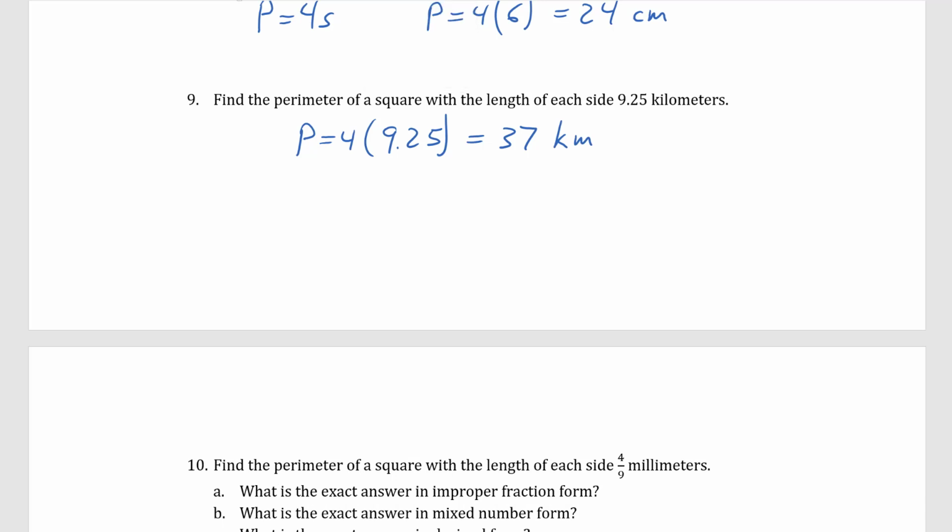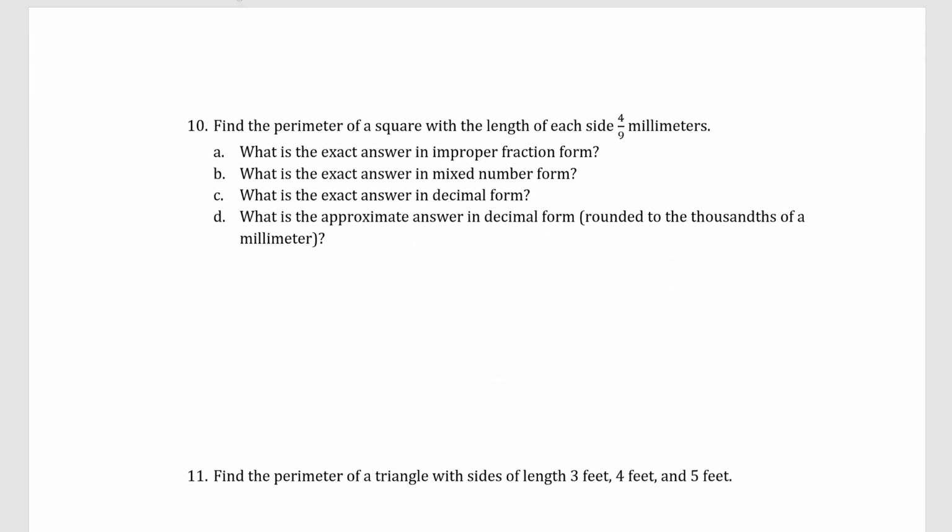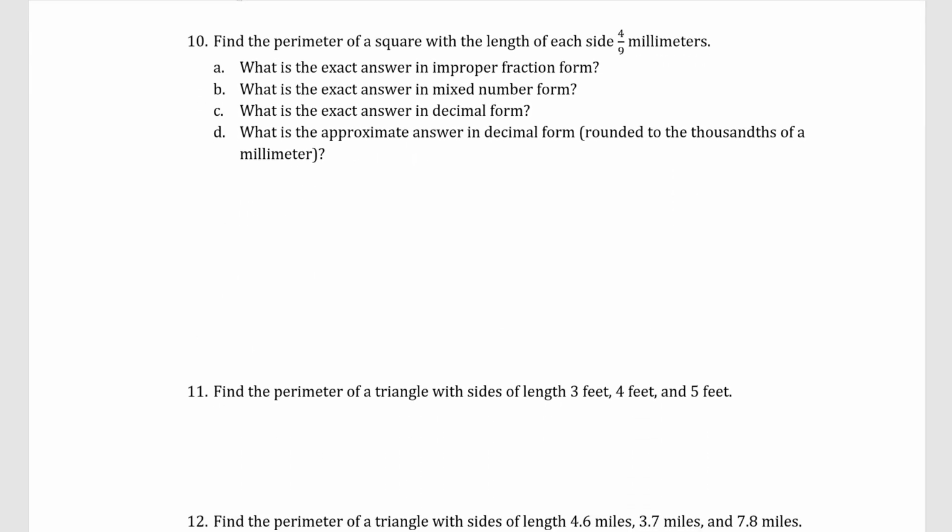Number 10 is another one where we have lots of answers to work with. But let's just start with our formula. So P is equal to 4 times, I'm going to write that as 4 over 9 this way. And if we do that, we get 1 point, lots of 7s, and an 8. Again, that 8's being rounded because there's 7s coming after it.